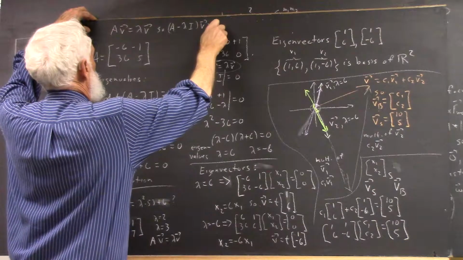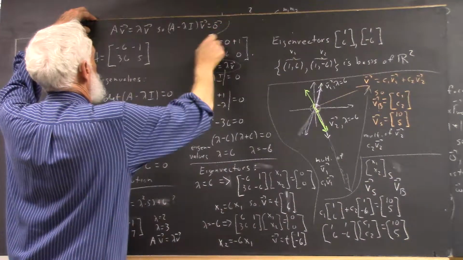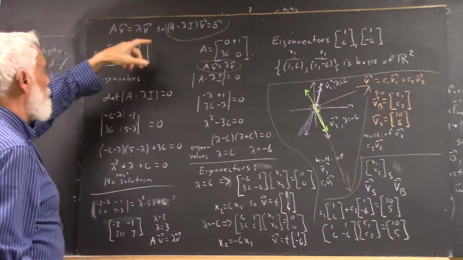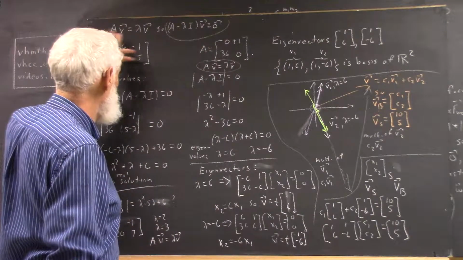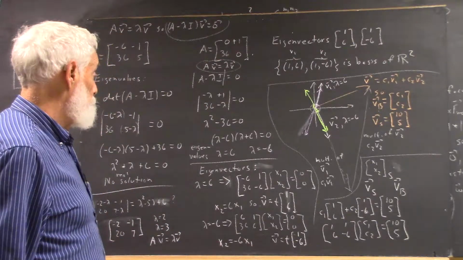So let's kind of complete this. That means that A minus lambda I times V is the 0 vector, as we saw last time. It's a very simple rearrangement.